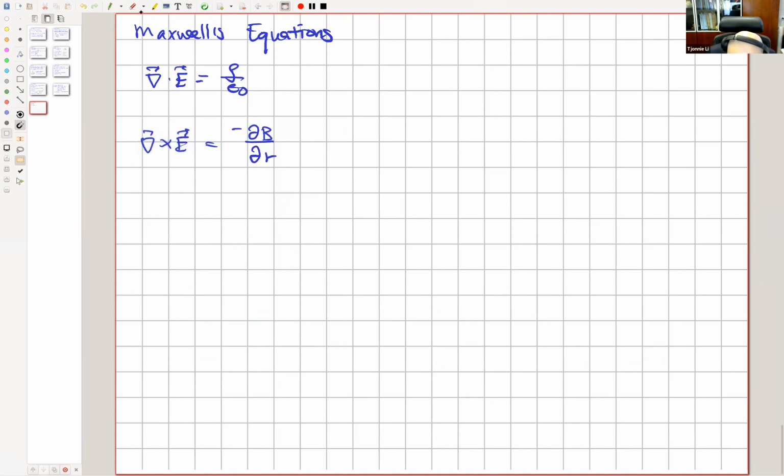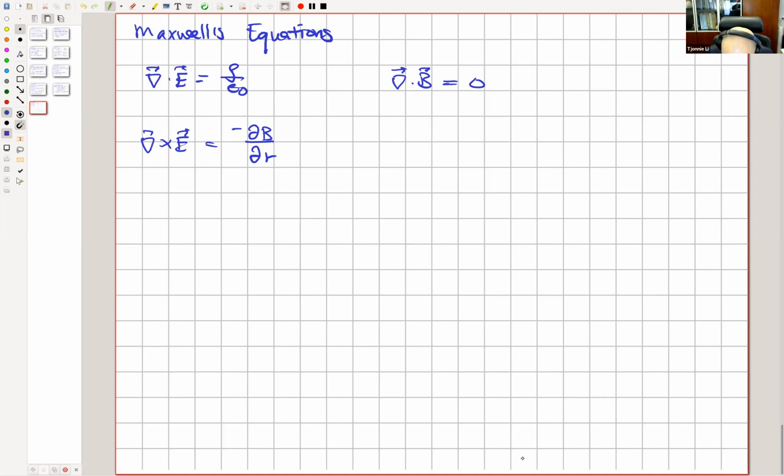We also have that the divergence of B equals 0.